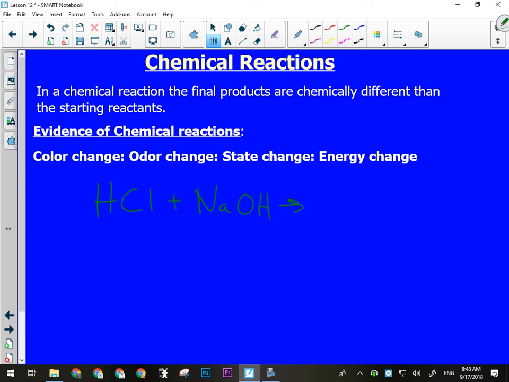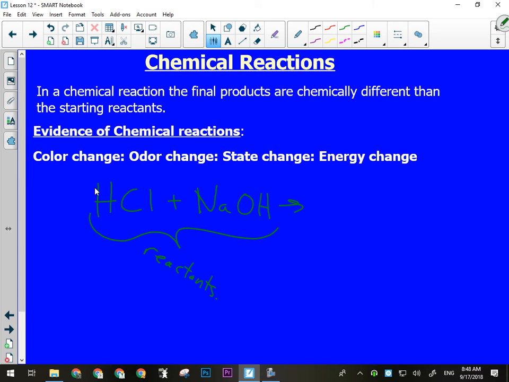In this chemical reaction, I've got hydrogen chloride, which is an ionic compound, reacting with sodium hydroxide. Okay, we would call these the reactants, because they are the things that are reacting.